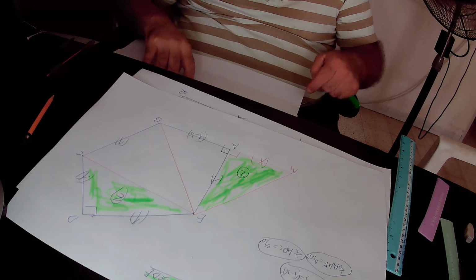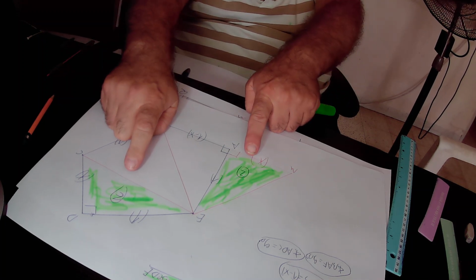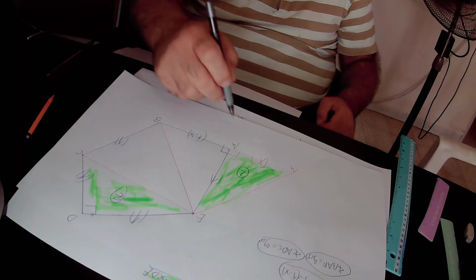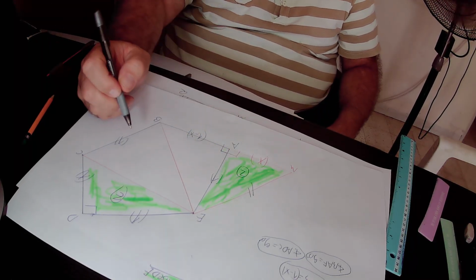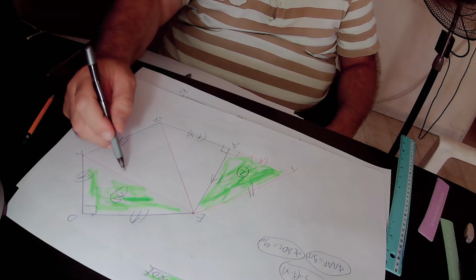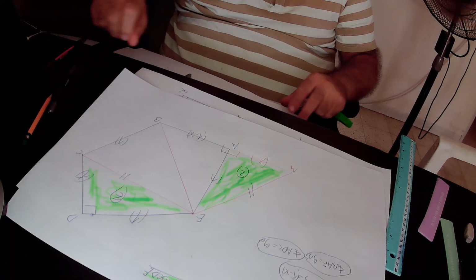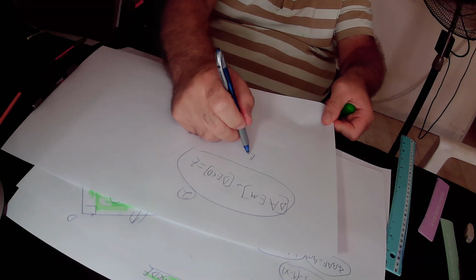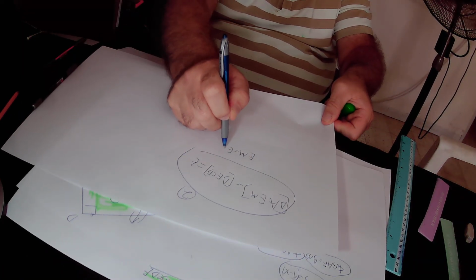And further, from the fact that those two right triangles can go into each other, we will derive that EM equals EC.